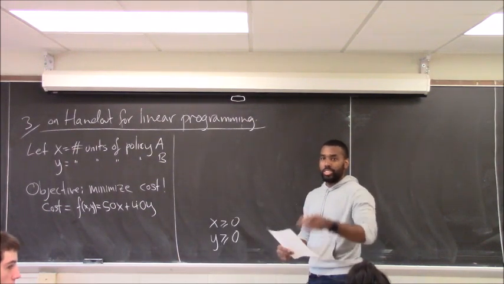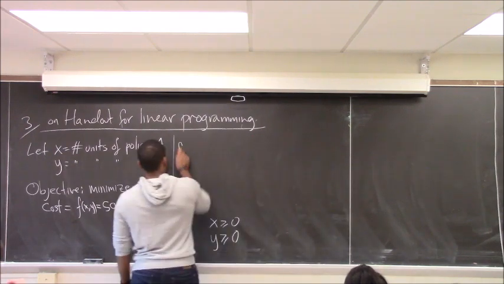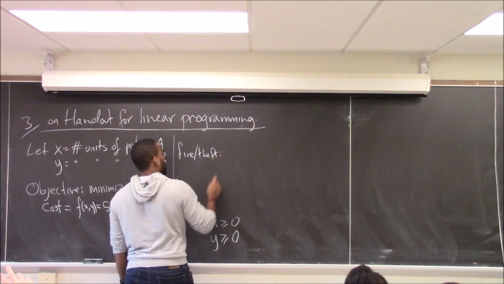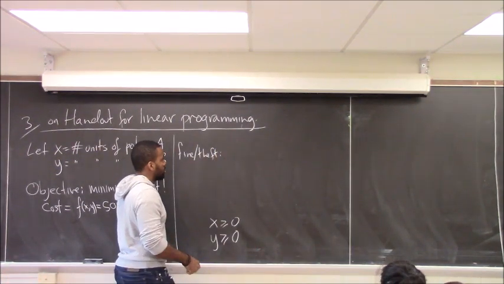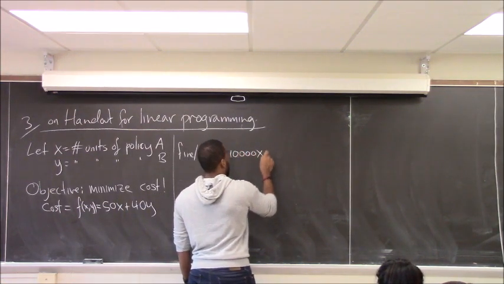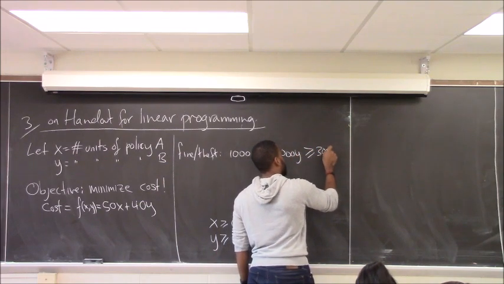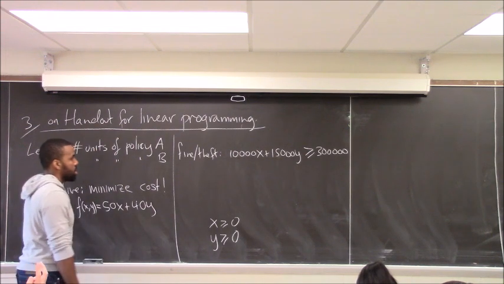What else? You need at least 300,000 of fire and theft. How do we describe that? What are we getting for fire and theft? 10,000x plus 15,000y is greater than or equal to 300,000. That's what we require for the fire and theft.